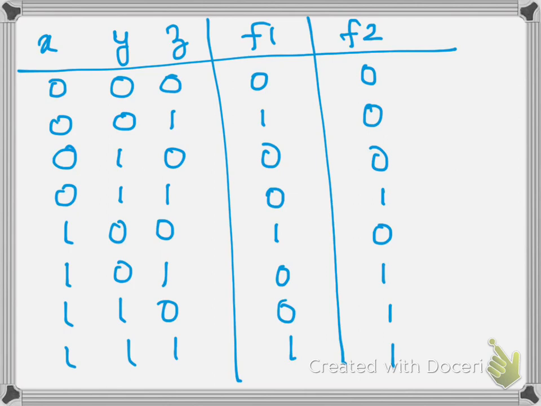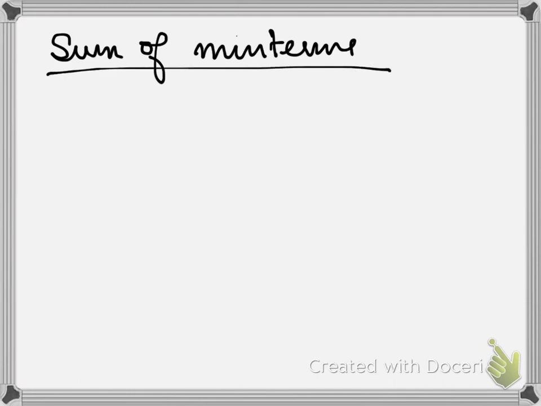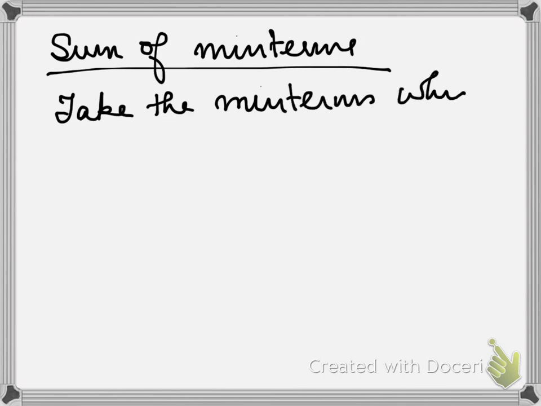Two formats of expressing functions. First let us see representing a function as a sum of min terms. So what we do, we take the min terms which have a 1 in the truth table, in the function.